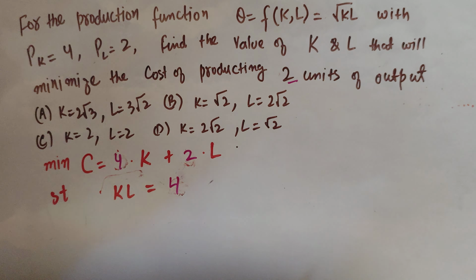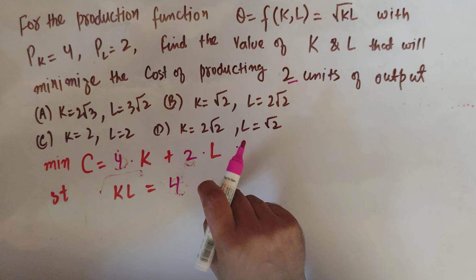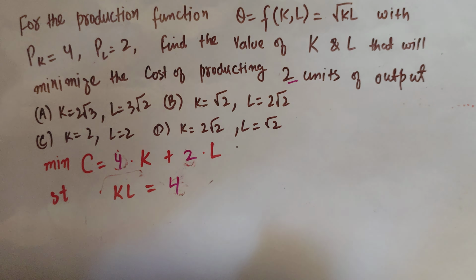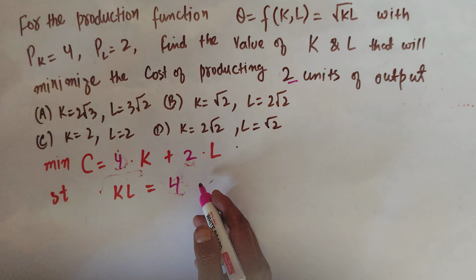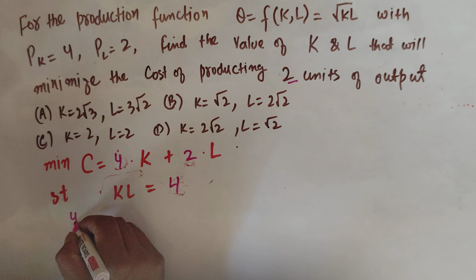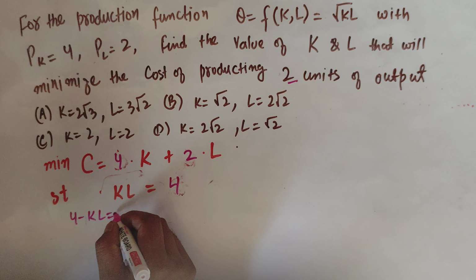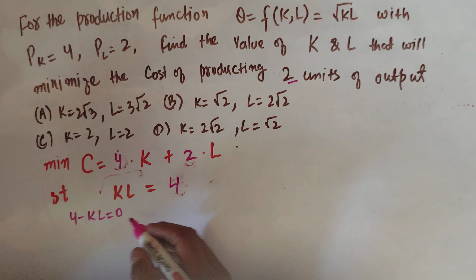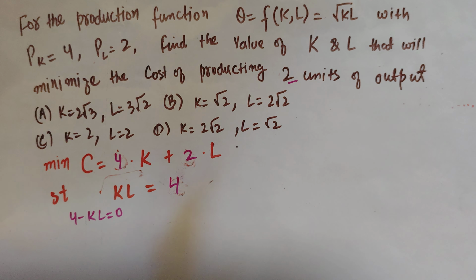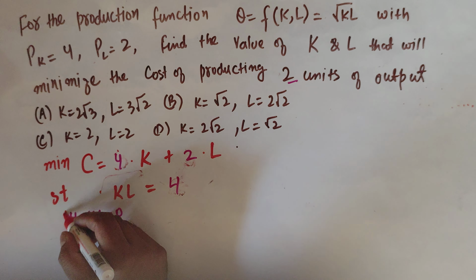Now we use the Lagrange's method of solving this kind of question. So we need to form the Lagrange's function. How do we form it? We add the objective function and the constraint function, and let me explain it here. First step is we set the constraint equal to 0, that means 4 minus KL is equal to 0. Second step is we multiply this constraint by lambda.